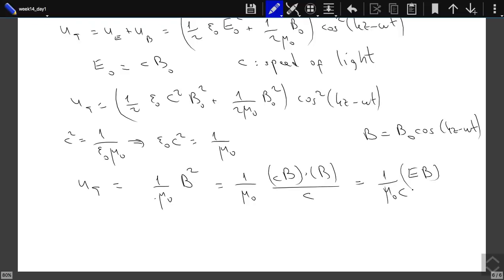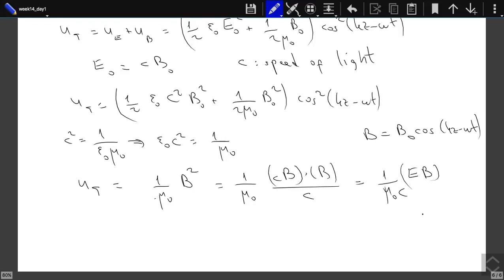Because of this relation, the energy densities stored in the electric and magnetic field are always equal. And then I could write it in this form, but I also know that electric field is just c times b. So this is the total energy density.